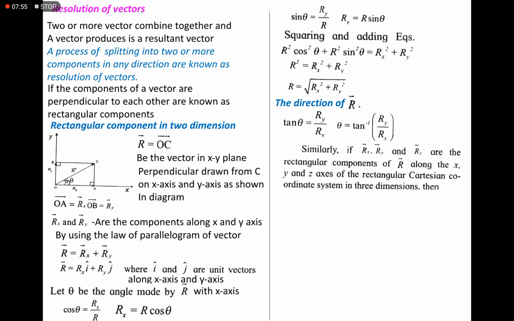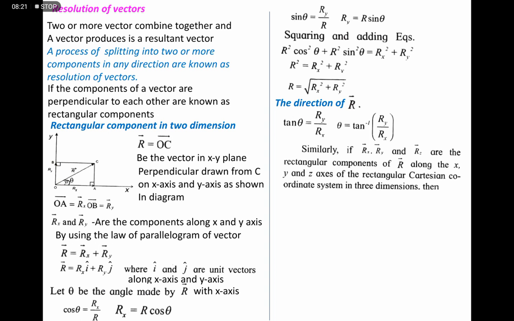Now if the vector is in the Cartesian coordinate system, we know that in the Cartesian coordinate system, three axes, x-axis, y-axis and z-axis, are mutually perpendicular to each other.